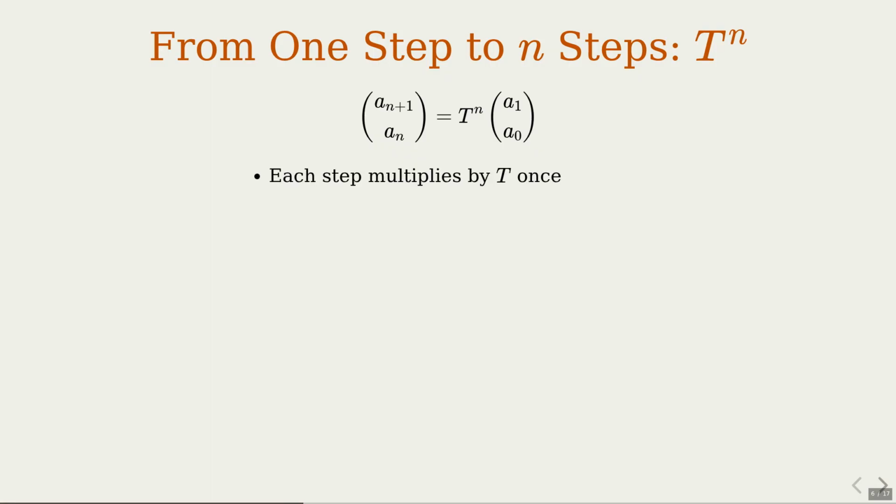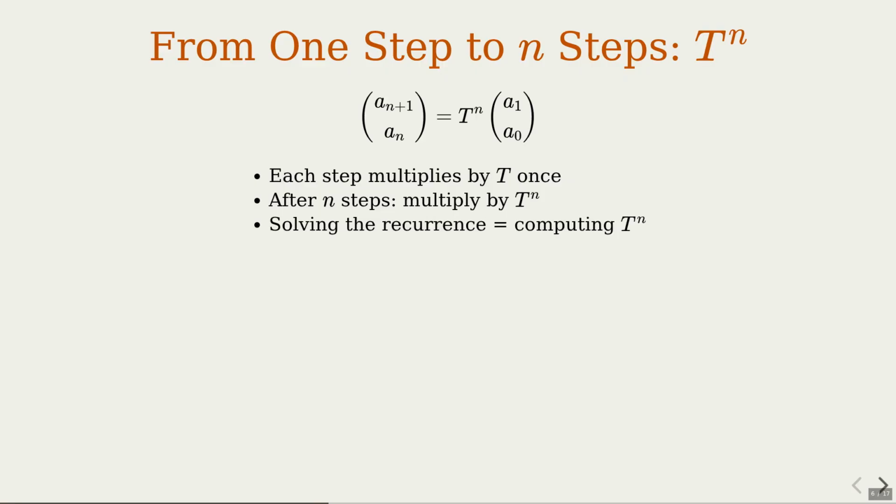Every time we move forward one position in the sequence, we apply the same linear transformation. So doing n copies of that update in a row is captured perfectly by taking T to the nth power. That means the heart of the problem is no longer the recurrence itself, but finding an efficient way to compute this matrix power. Next, we will bring in eigenvalues and eigenvectors, because they turn hard matrix powers into easy ones.